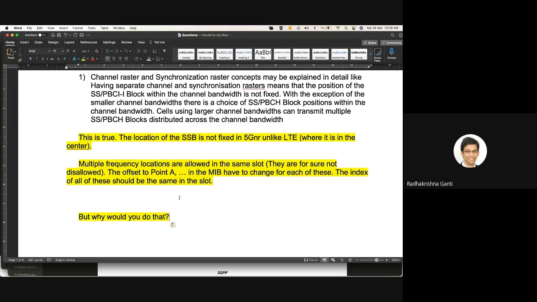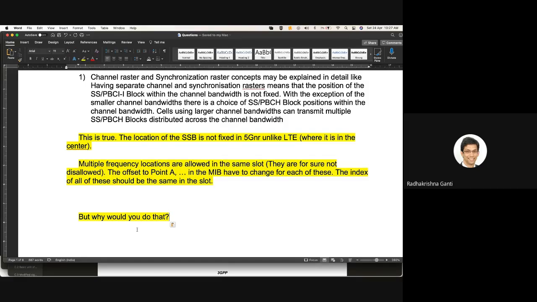You don't have to do this, because the SS block is of very small bandwidth. It's just 240 REs. Every UE will be able to decode those 240 REs anyway. It may be spread across the 100 megahertz bandwidth, but nevertheless a UE has to decode them.